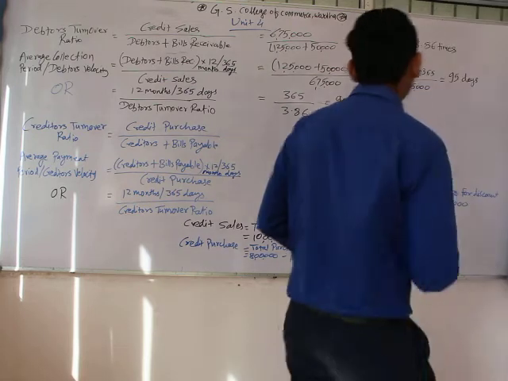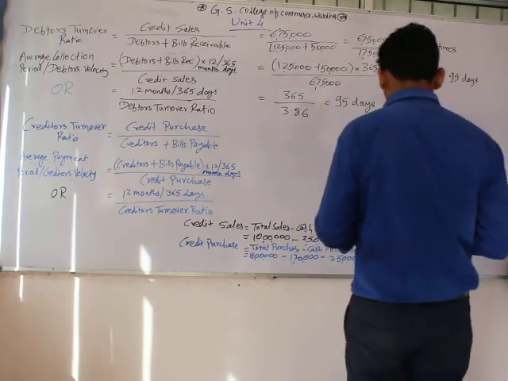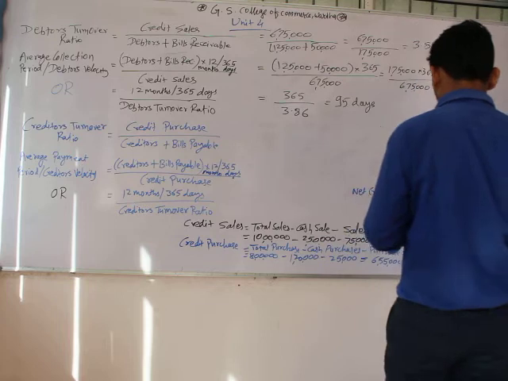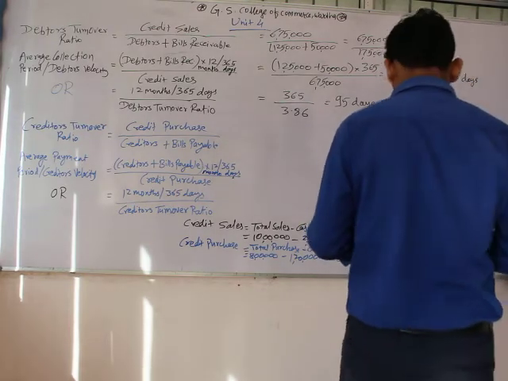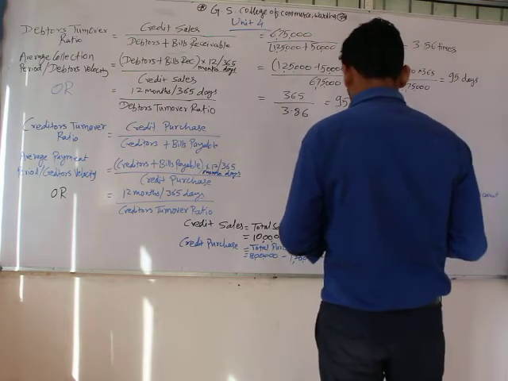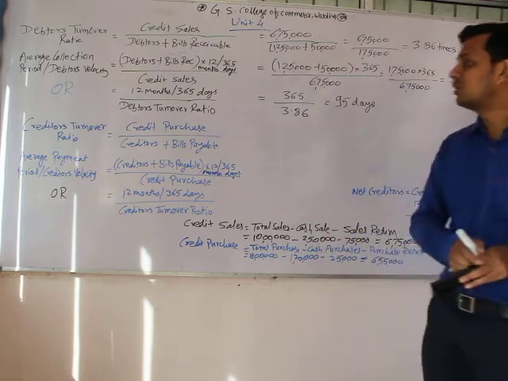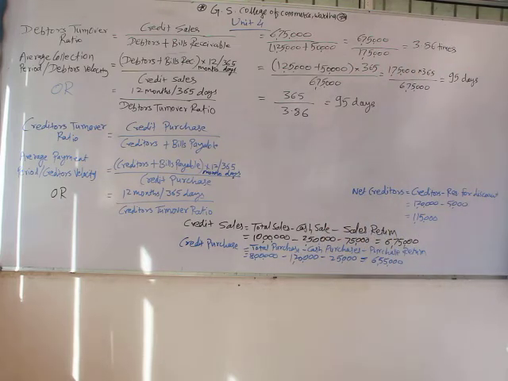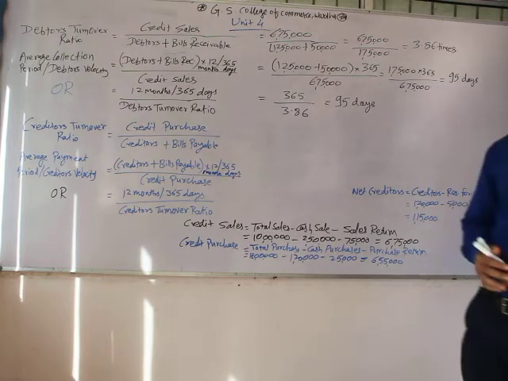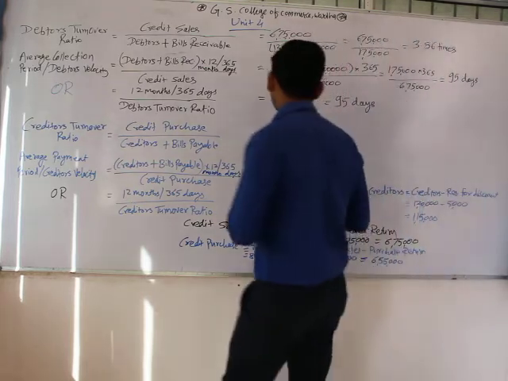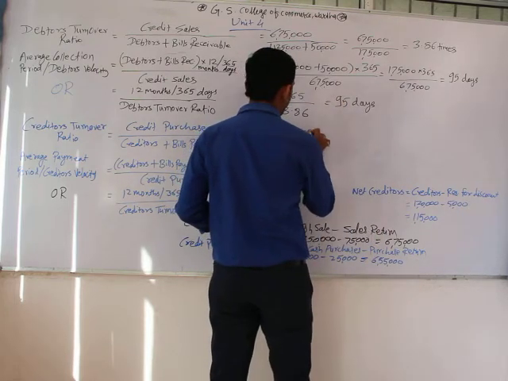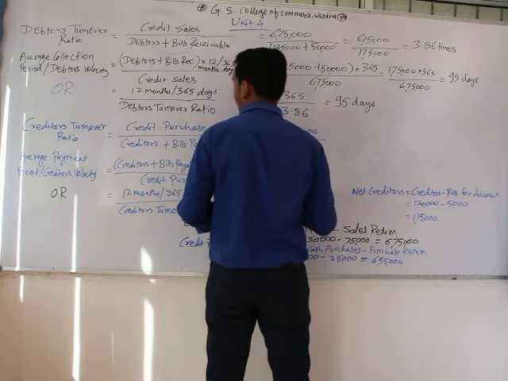Now we will move towards the calculation of the next thing, that is creditors turnover ratio. We can start with the formula, that is credit purchase divided by creditors plus bills payable. Our credit purchase amounted to rupees 6,55,000, divided by creditors.